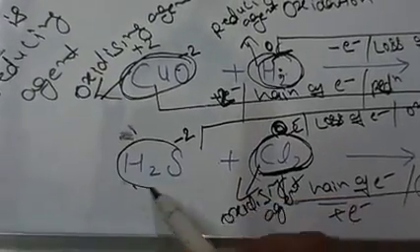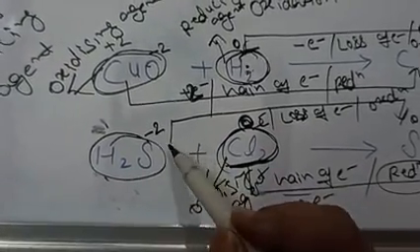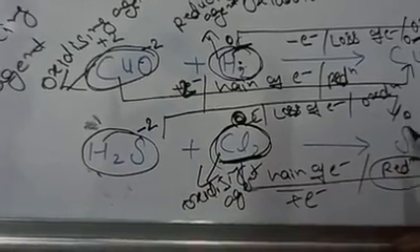And H2S here behaves as the reducing agent. Why is it the reducing agent? As I said, it is the substance which gets oxidized, and here H2S is oxidized. Why? Because here sulfur goes from -2 to 0.